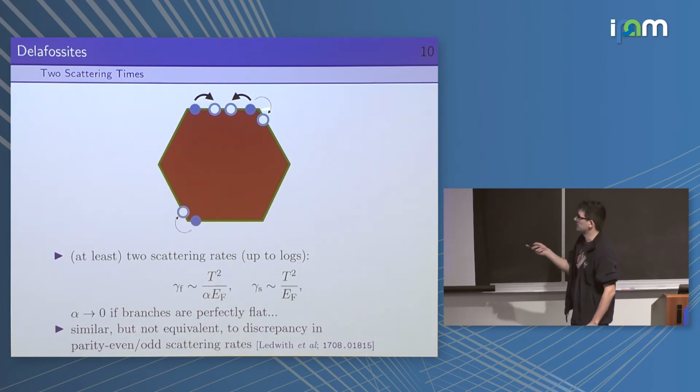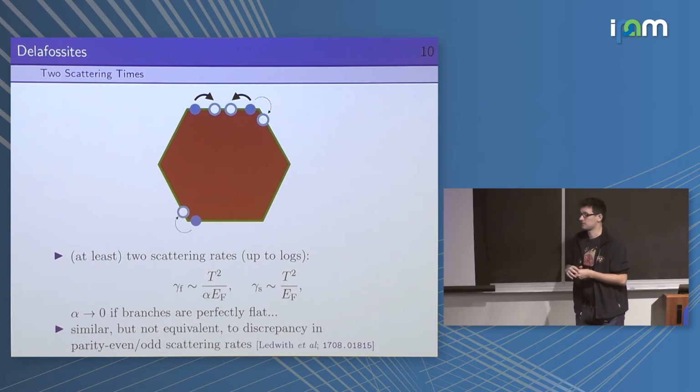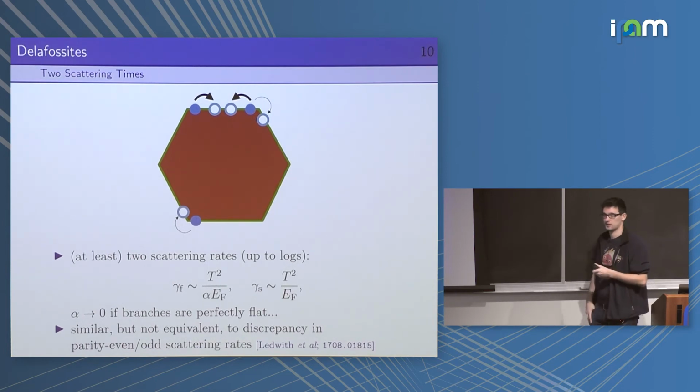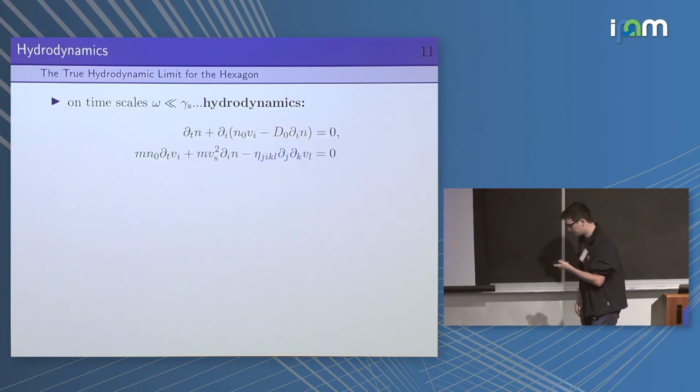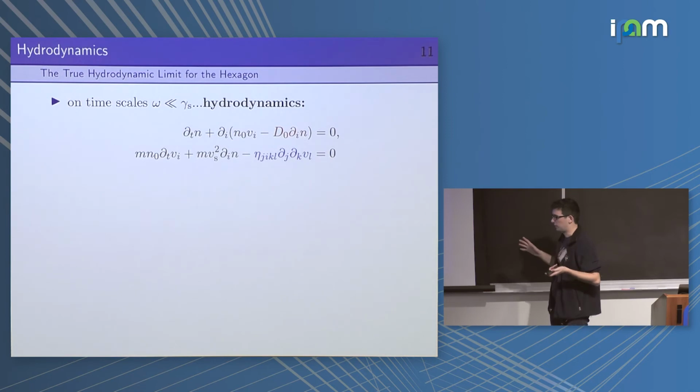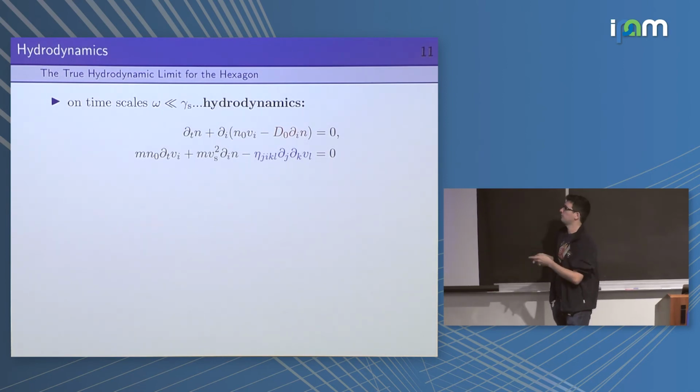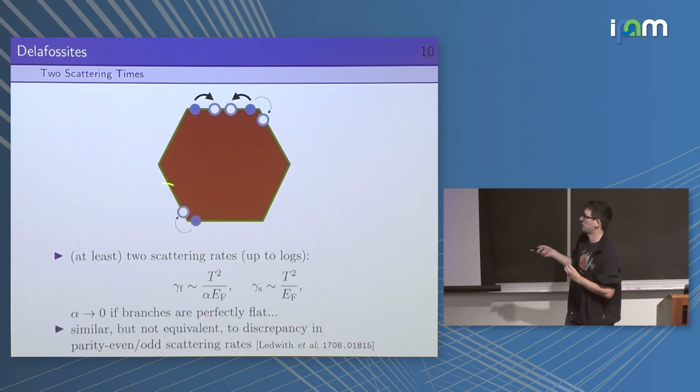It has to do with parity even versus odd modes. You'll note that this is only an even relaxation mode. Let me not say anything more about that, because that makes the story even more obnoxious. You can read about a nice cartoon for an intermediate hydrodynamics on timescales that are long compared to this scattering time, but short compared to this scattering time.